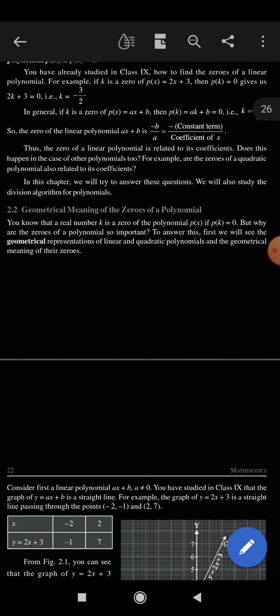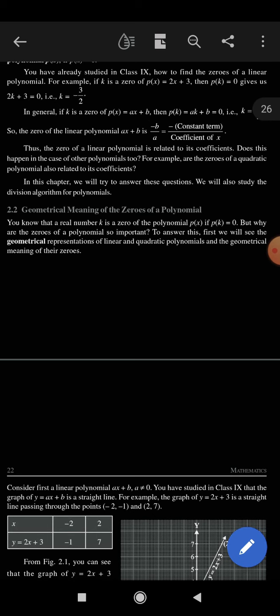In general, if k is a zero of p(x) = ax + b, then p(k) = ak + b = 0, so k = −b/a, that is, −(constant term)/(coefficient of x). Thus, the zero of a polynomial is related to its coefficients.